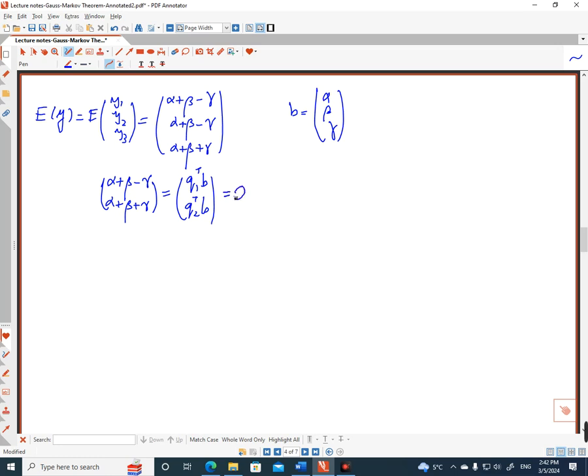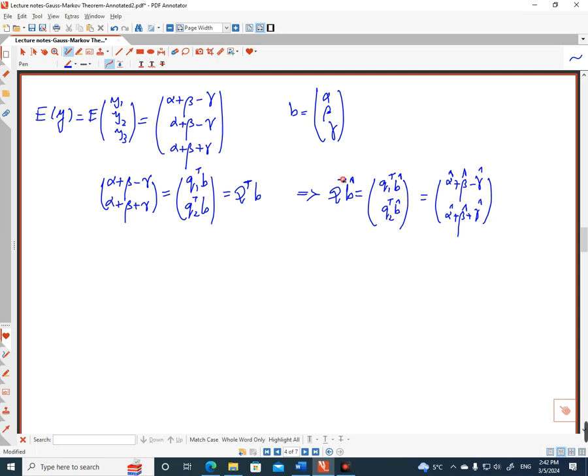So you can consider it as Q prime B. Furthermore, we can conclude that the estimator is given by Q prime B hat, which in this case is Q1 prime B hat and Q2 prime B hat, which gives alpha hat plus beta hat minus gamma hat, and then alpha hat plus beta hat plus gamma hat.